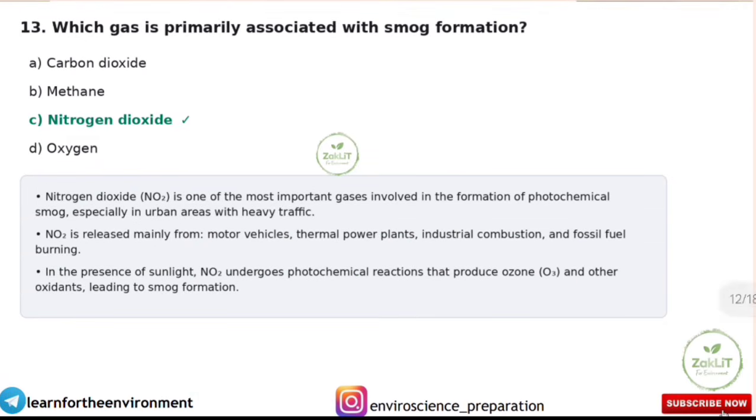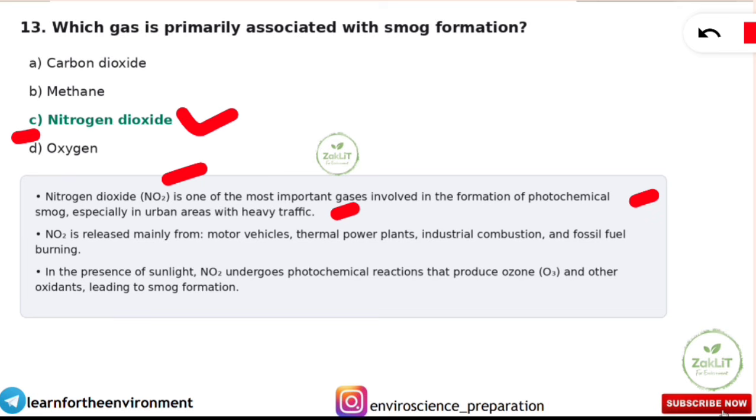Which gas is primarily associated with the smog formation? Yes, smog. Here nitrogen dioxide will be the correct option. So nitrogen dioxide is one of the most important gases involved in the formation of photochemical smog, especially in the urban areas with the heavy traffic. So smoke plus fog is equal to smog. So in the urban areas, because of the heavy traffic, the smoke containing nitrogen dioxide and other things, it causes smog.